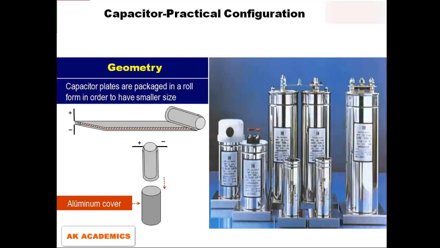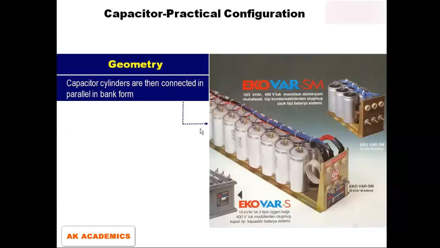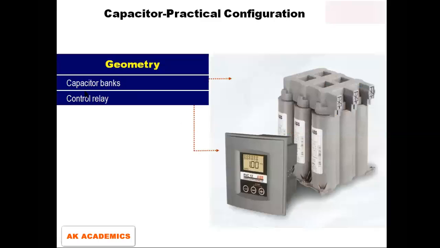Also here you can see different types. They are usually connected in parallel, by the way, to form a bank. In a bank where we have many of them, they are connected in parallel so that we can have as much energy stored as possible. You can see them here connected together. They usually also have what we refer to as a control relay.